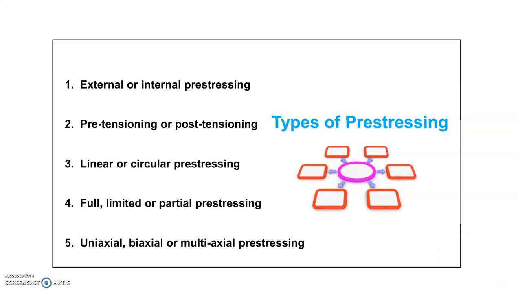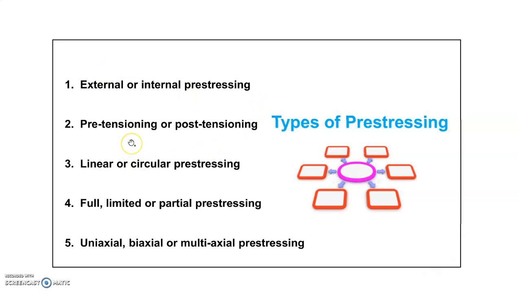There are five types. One is external and internal pre-stressing. If pre-stressing is done within the concrete structure, it is known as internal pre-stressing. If pre-stressing elements are provided on the outside of the structure, then it is called external pre-stressing.